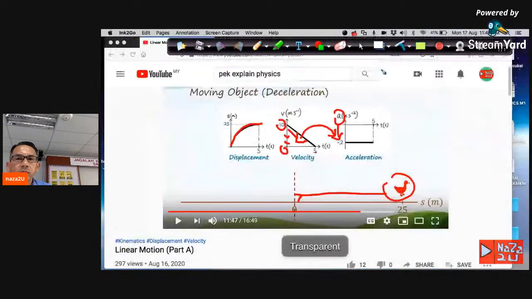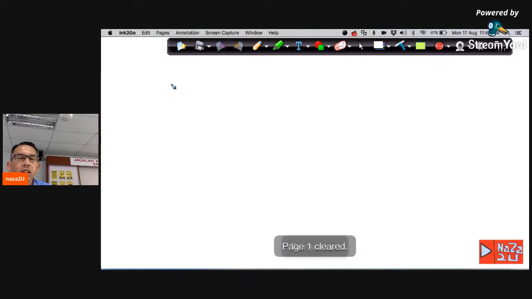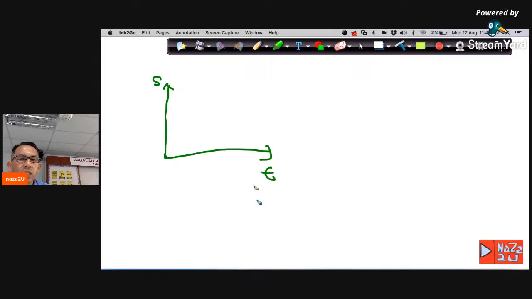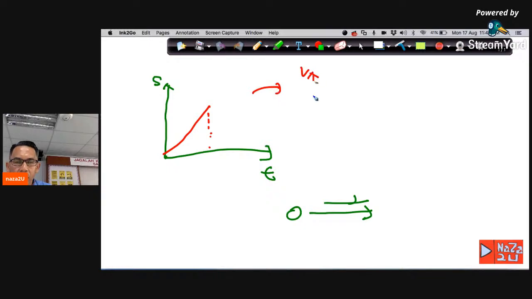So the next, kalau kamu tengok graf kedua tadi S versus T, jasad tadi dia bergerak laju semakin meningkat, bergerak ke depan. So maksudnya graf dia adalah graph straight line. So kalau kita tukar graf ini kepada graf V versus T, because straight line, if you calculate the gradient of the graph, kecerunan graf ni di mana-mana saja kat sini, kamu dapati gradientnya adalah constant.